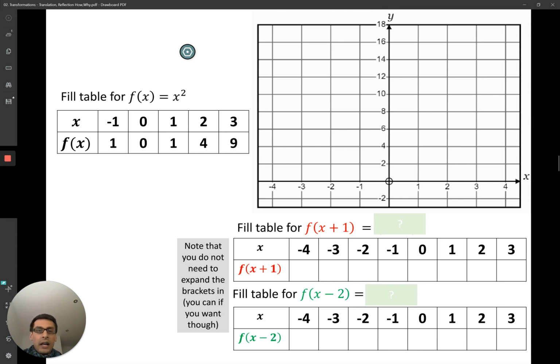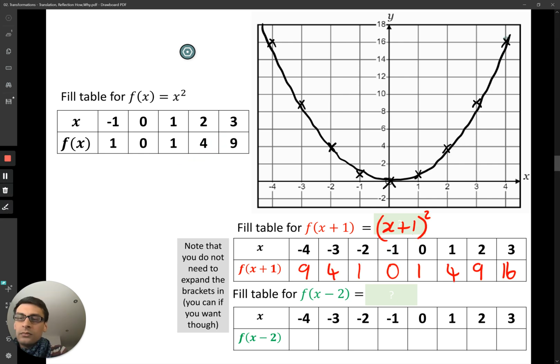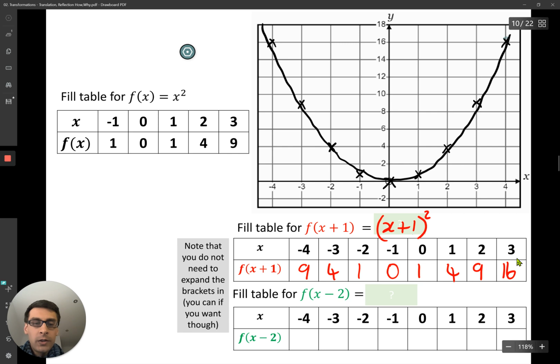So let's just plot this again. So I'm going to pause the video for myself and I'm going to plot this graph and this graph. And then we're going to see what happens when you do x plus 1 and x minus 2. Okay, so I've listed the values for the function f of x plus 1. We're going to plot this and see what happens.